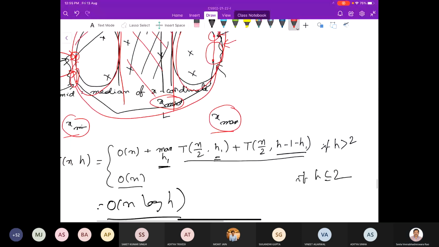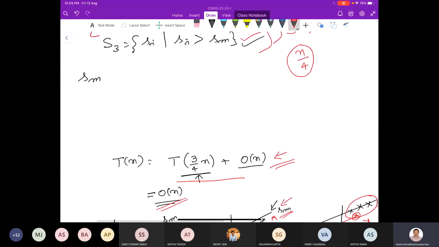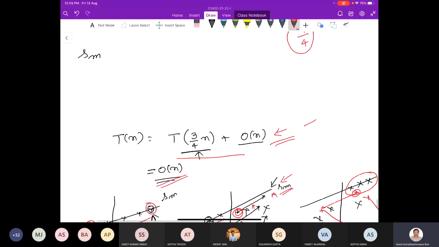Every time we are removing a fraction of the input; this is called the prune and search technique. You prune the input and search in the pruned input. These are the two techniques. So we'll continue next Wednesday.